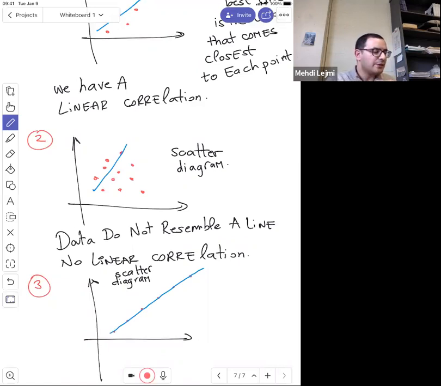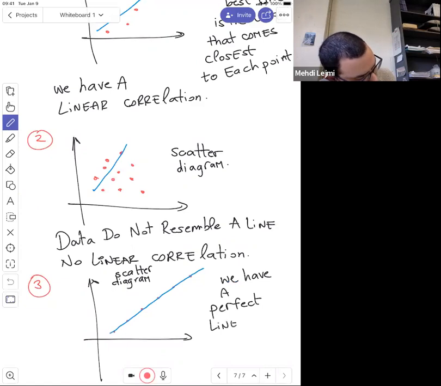So this is a perfect linear correlation, because all the points belong to this blue line.